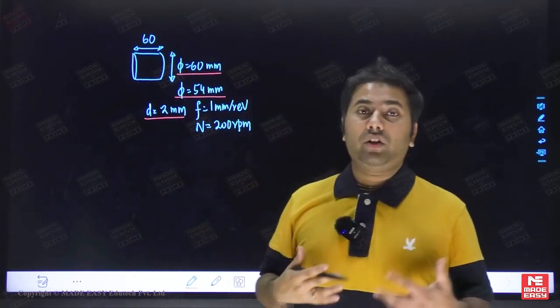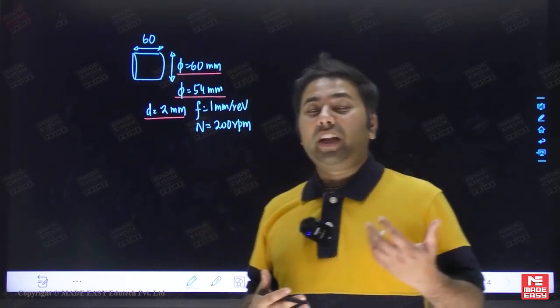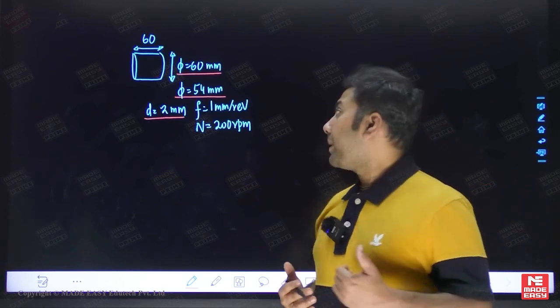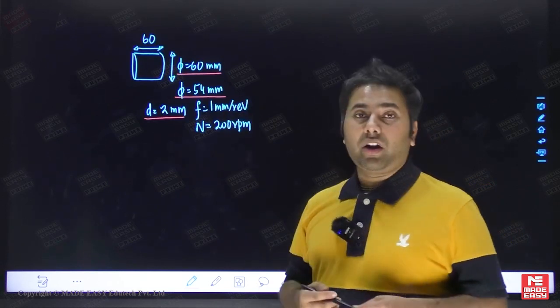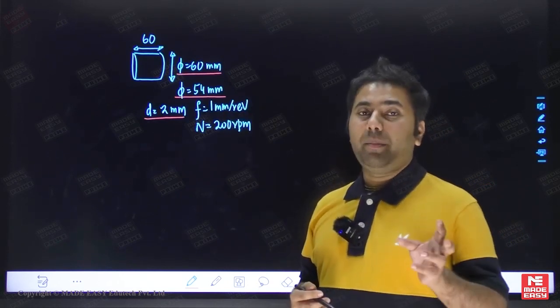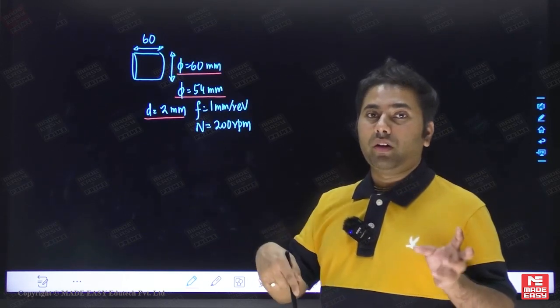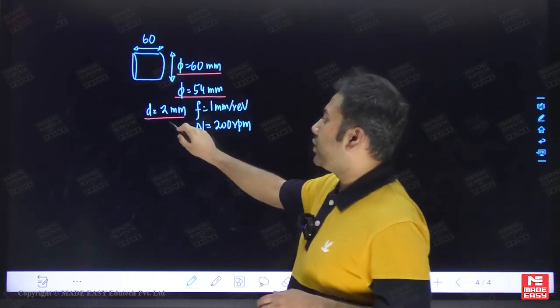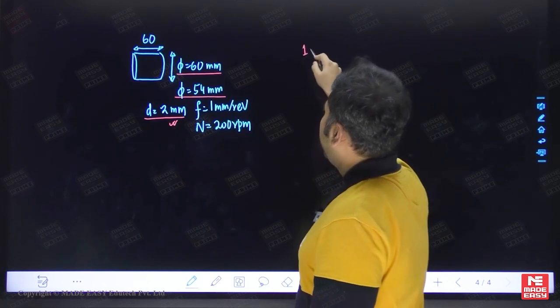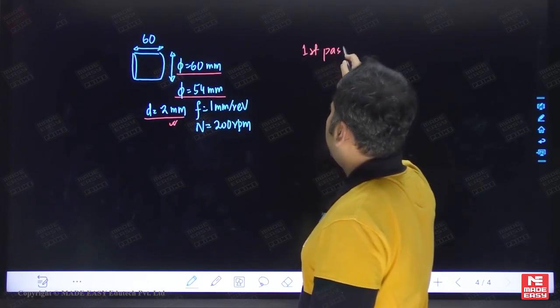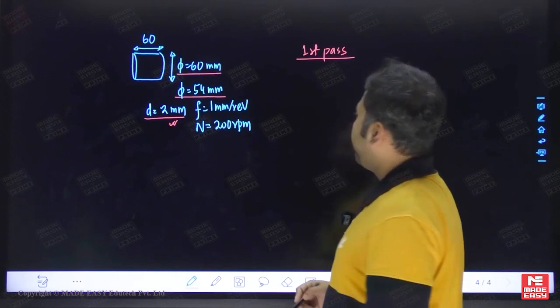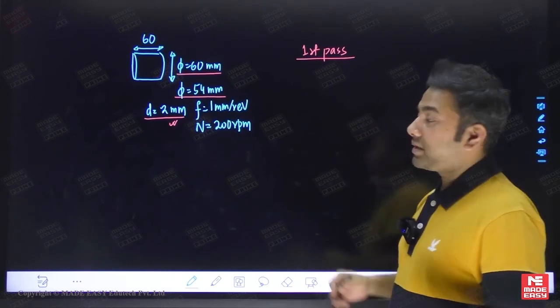Yes, I know depth of cut is not sufficient, because if the depth of cut would have been 3 mm, we could have got a reduction of 6 mm and the diameter would have reduced from 60 to 54. But right now the depth of cut is only 2 mm. That means we will have to go for more than one pass.